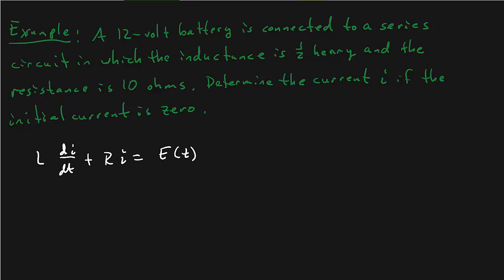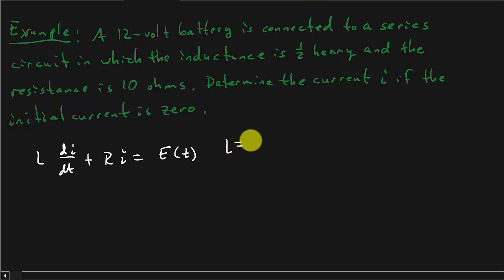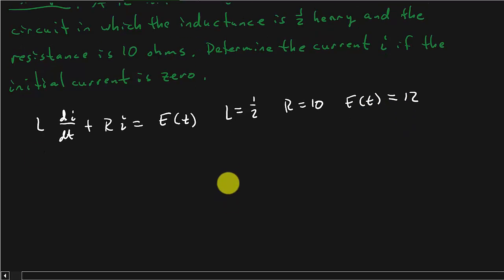All right, so here I've got L is 1/2, R is 10, and I've got E of t. We've got a 12-volt battery, that's 12. So I've got 1/2 di/dt plus 10I is equal to 12.